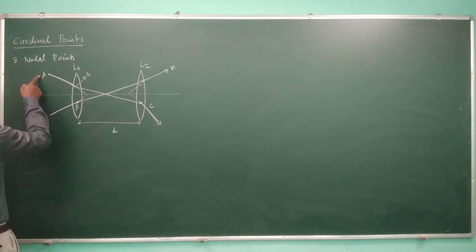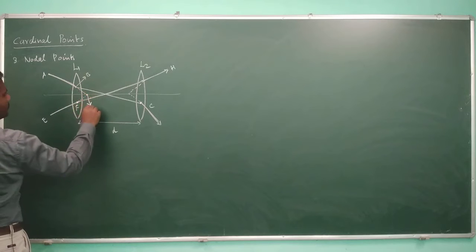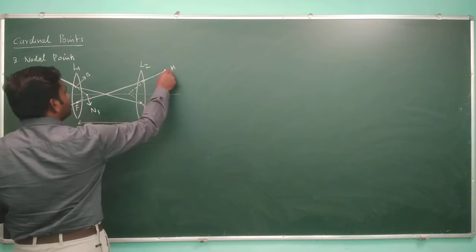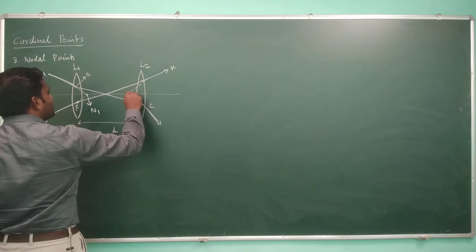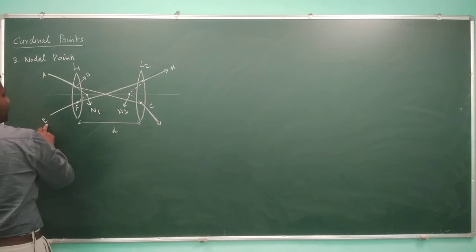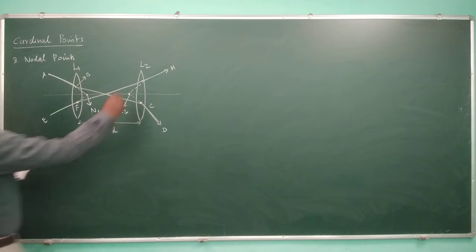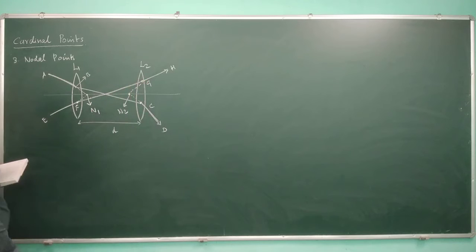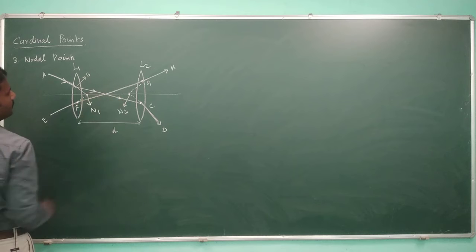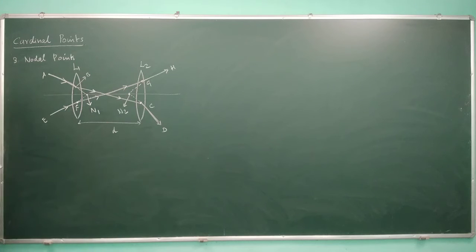Assume that this ray A is not refracting at point B, it touches the optical axis at N1. Similarly, if it comes backward, if this ray is not refracted, it touches the point at N2. The same is true for the ray E and the ray D. And this point you can say is G. The light ray is traveling in this direction, and this light ray is traveling in this direction.